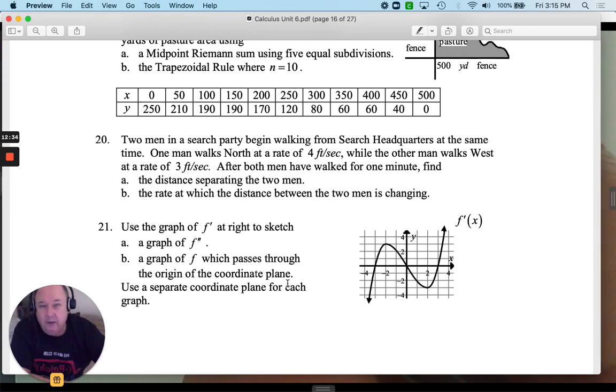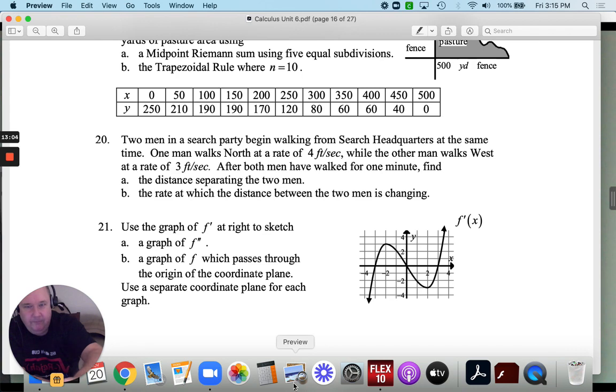The other one is walking west at a rate of 3 feet per second. After both men have walked for 1 minute, find the distance separating the two men, the rate at which the distance between the two men are changing.